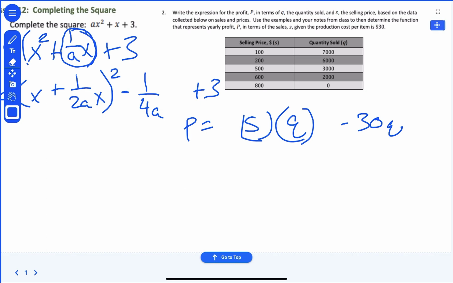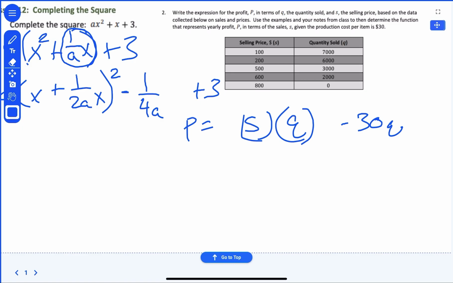How can we figure that out? Just look at it. So if we were at 0 for selling price, could you tell me where we would be at for quantity sold? If we weren't charging anything to sell it, how many quantities could we sell?